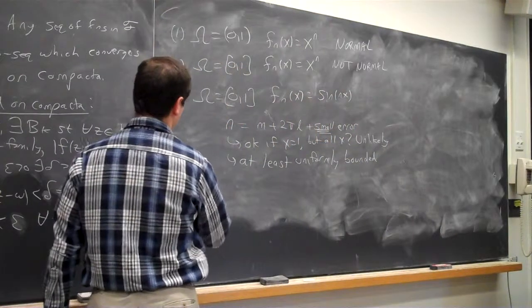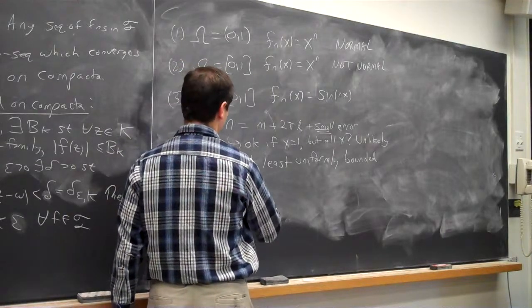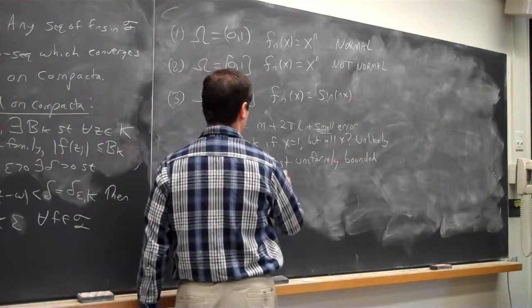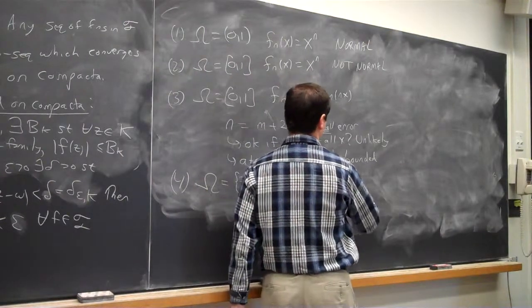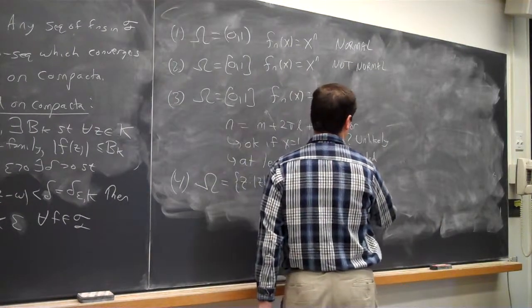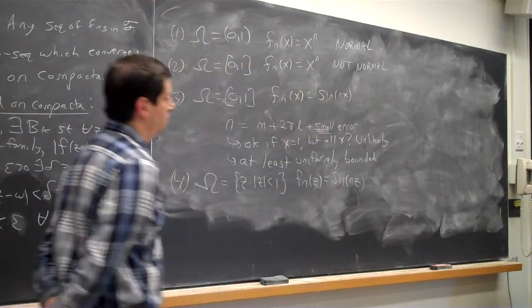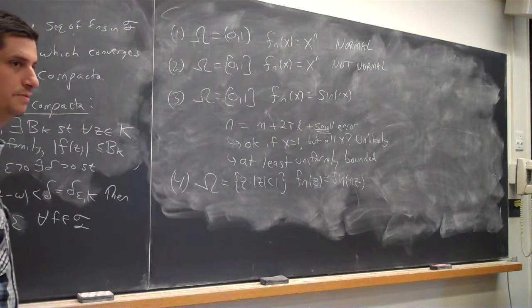What if instead I let omega be the set of all z, absolute value of z less than 1, and f_n of z be the sine of nz. Could this be normal?